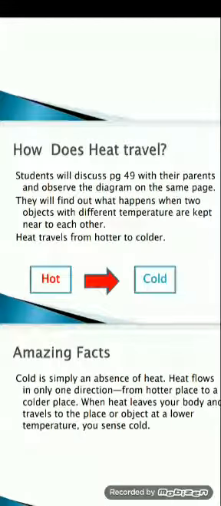Now you will come to know how heat travels. Students, it is heat that will increase or decrease temperature. If we increase heat, the temperature will rise, and if we remove heat, the temperature will become lower. Heat travels from a hotter to a colder object.